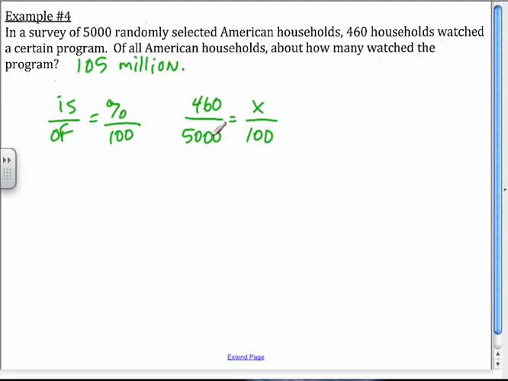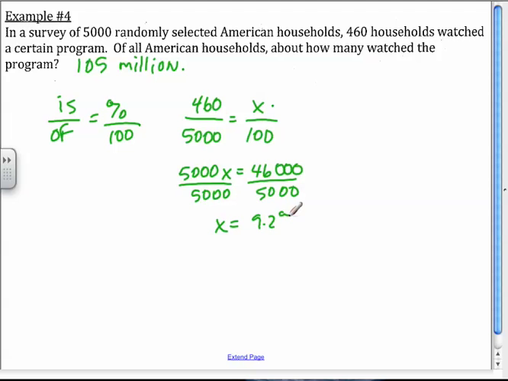And then I could use my trusty calculator here, and I'm going to get 5,000x is equal to 46,000. And then I'm going to divide both sides by 5,000. And I'm going to get that x, which stands for the percent, is, let's say, 46,000 divided by 5,000. And that's going to give me 9.2%. So that means 9.2% of the people watched it.